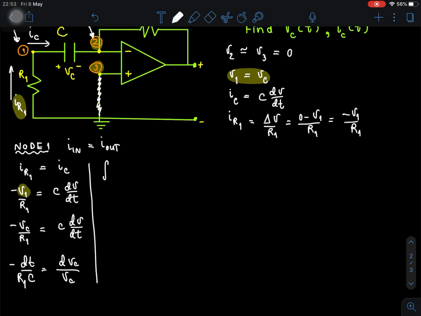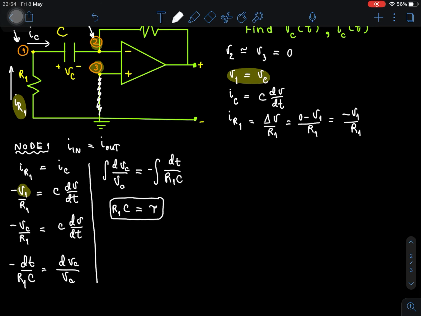So we have the integral of dVc by Vc, which is equal to the negative of the integral of dt by R1C. Note here that further on I'm going to call R1C a tau function.